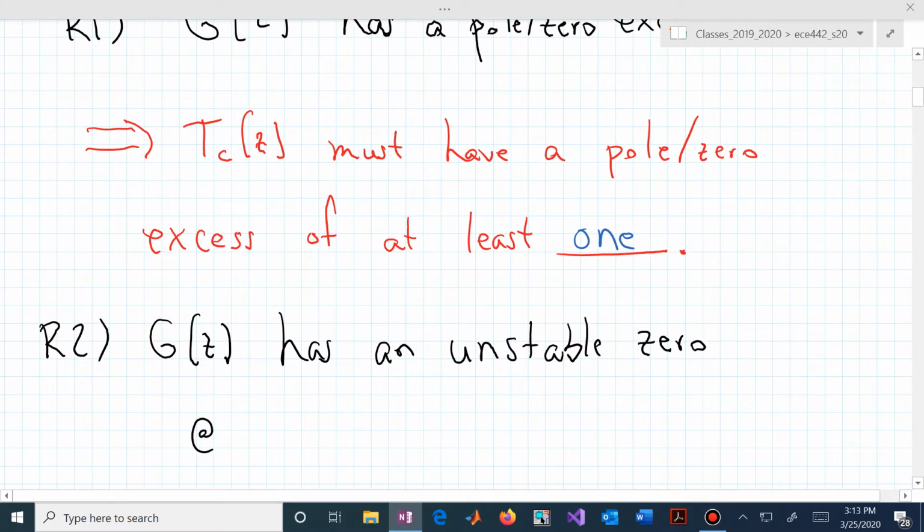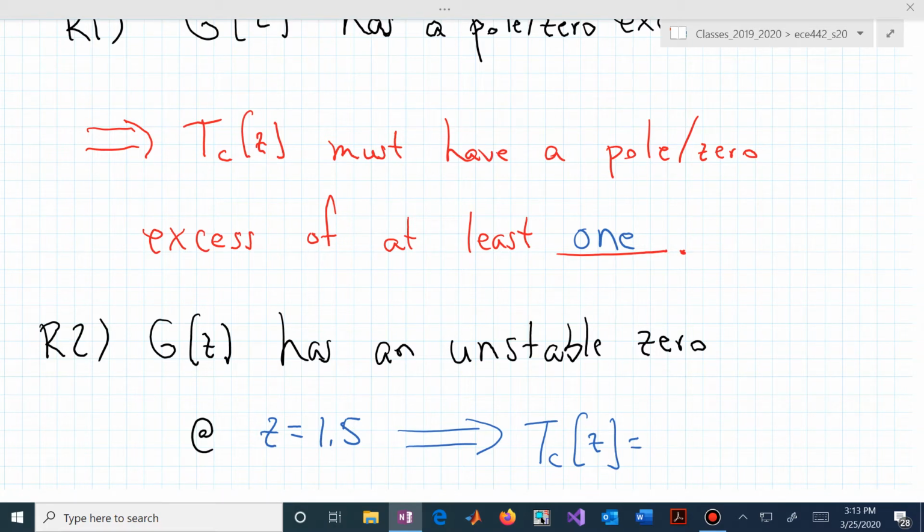G of Z has an unstable zero, and that zero, as we said before, was at 1.5. That means from restriction 2 that we need our desired closed loop transfer function to have a numerator that possesses a zero at that location.